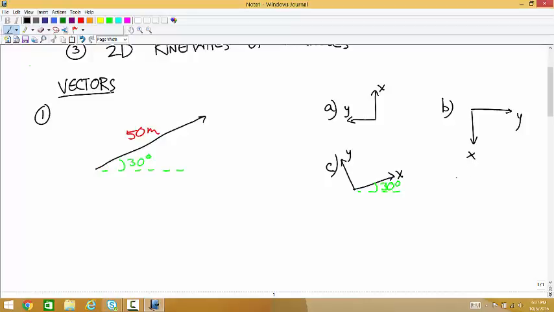And then another one that's rotated at a funny angle. So this time the y-axis makes an angle of 30 degrees with the horizontal.